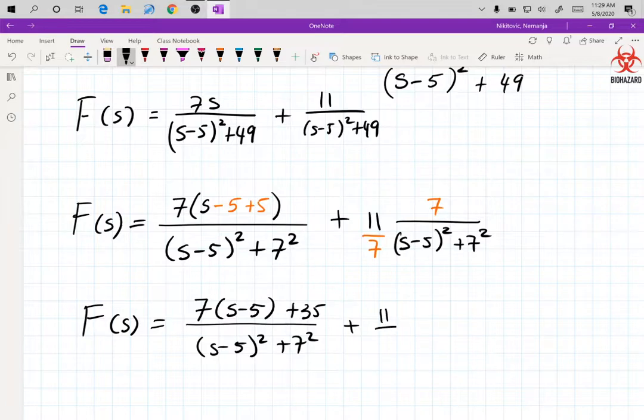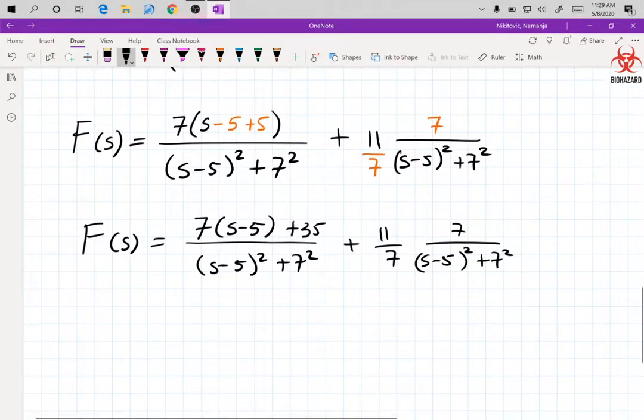And over here I have 11 over 7 and 7 over s minus 5 squared plus 7 squared. So now break the first one into two again, and then combine the second one with the one on the right. I should have done that earlier, whatever.